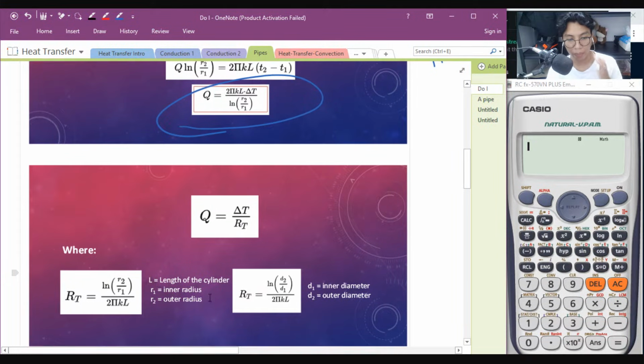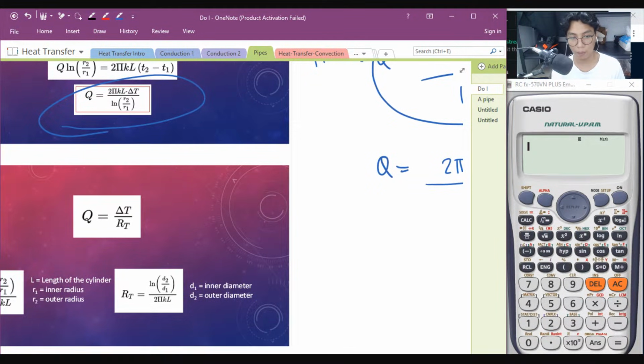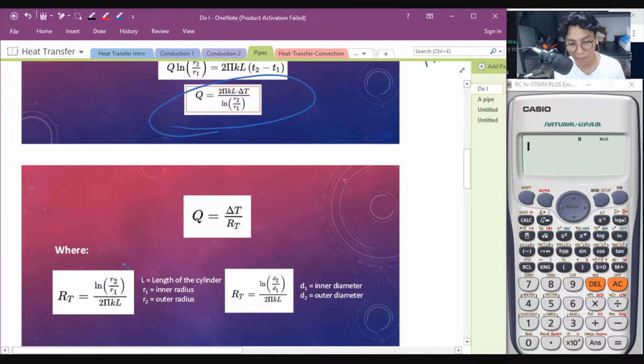Going back. Okay. We can also relate it with the general formula for the heat, which is yung Q is equal to delta T over the total resistance, where the total resistance is given by this formula. Okay? The total resistance is 1 over, di ba? 1 over, hindi po.